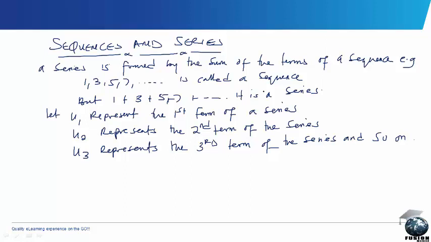Now if we want to find the last term of a series, just like it follows U1, U2, the last term we call Un.